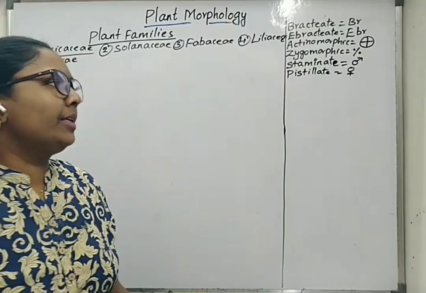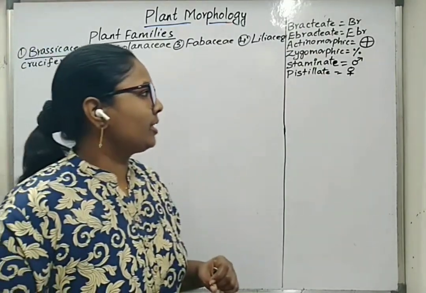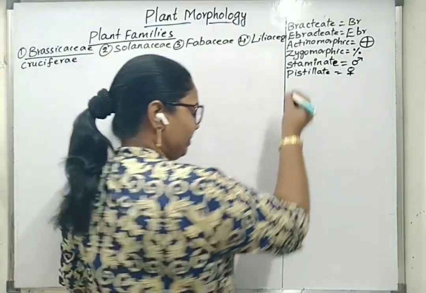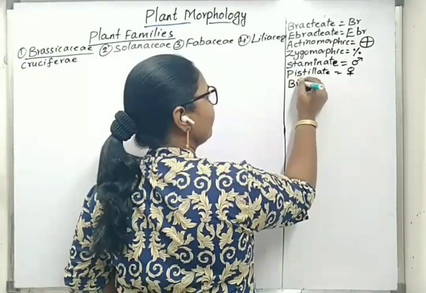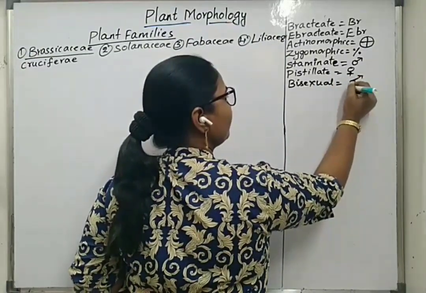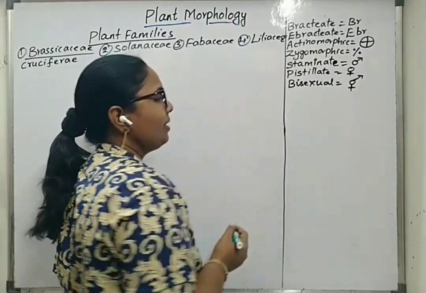If a flower is having both male and female reproductive structures, that is stamen and pistil, then they are said to be bisexual flowers. Like this.